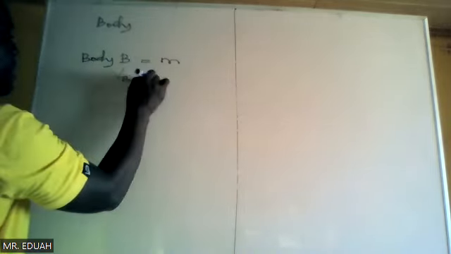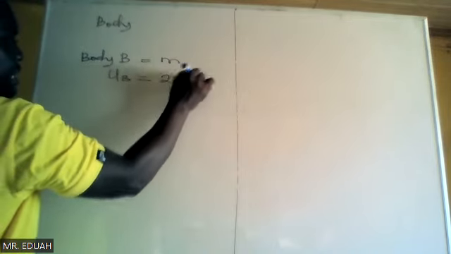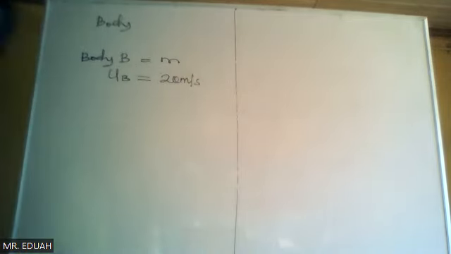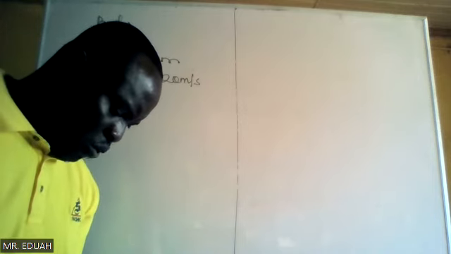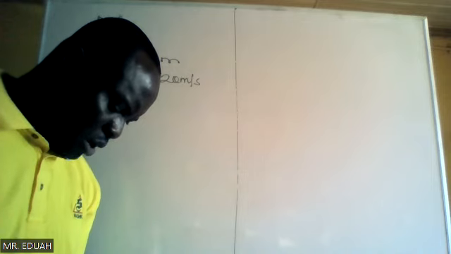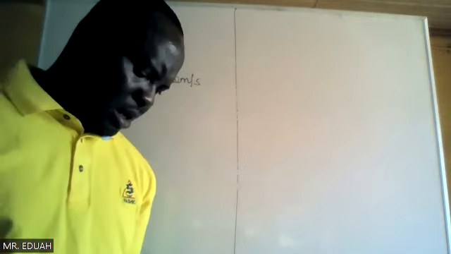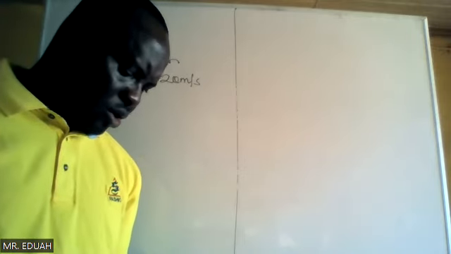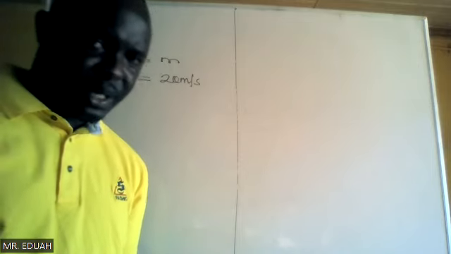Velocity of B is 20 meters per second. Then we are told that it collides with a body A moving in the same direction and on the same horizontal line with a velocity of 10 meters per second.